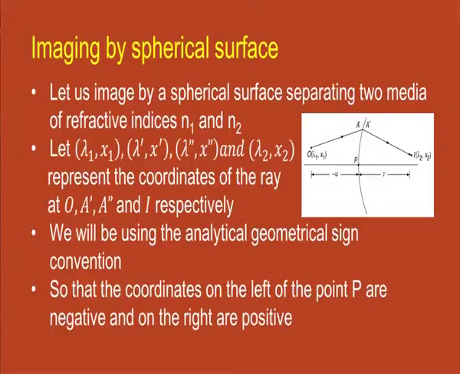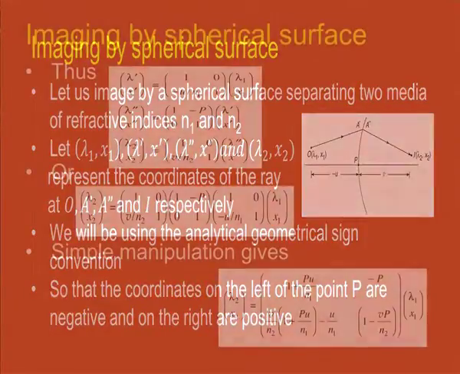Let lambda 1 x1, lambda prime x prime, lambda double prime x double prime and lambda 2 x2 represent the coordinates of the ray at O, A prime, A double prime and I respectively in the figure. We will be using the analytical geometrical sign convention, so that the coordinates on the left of the point P are negative and on the right are positive.